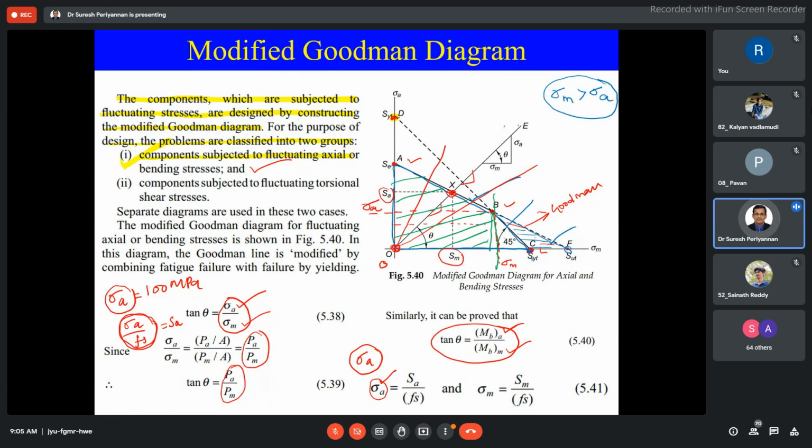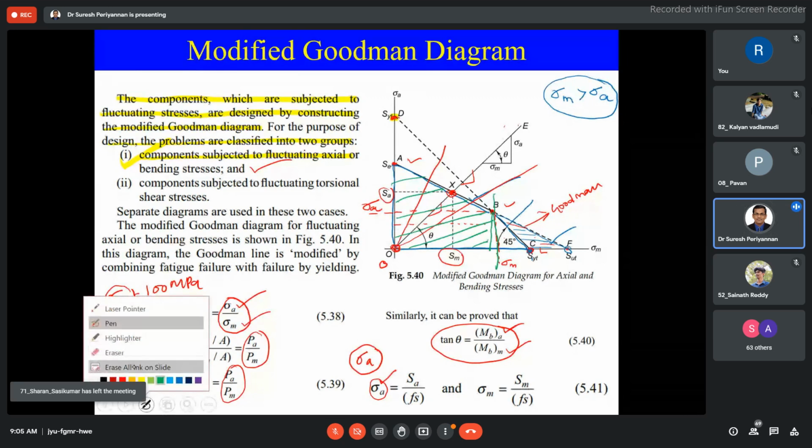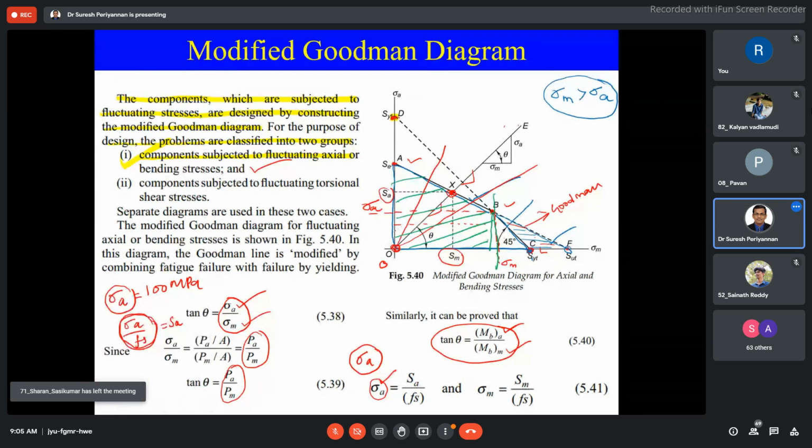Because as I told you, when sigma A reaches, for example, I draw another straight line here. My sigma A is here. If you take this, it is going to be in the plastic region. I would like to avoid that. Hence, I am introducing the factor of safety here: sigma A divided by FS.